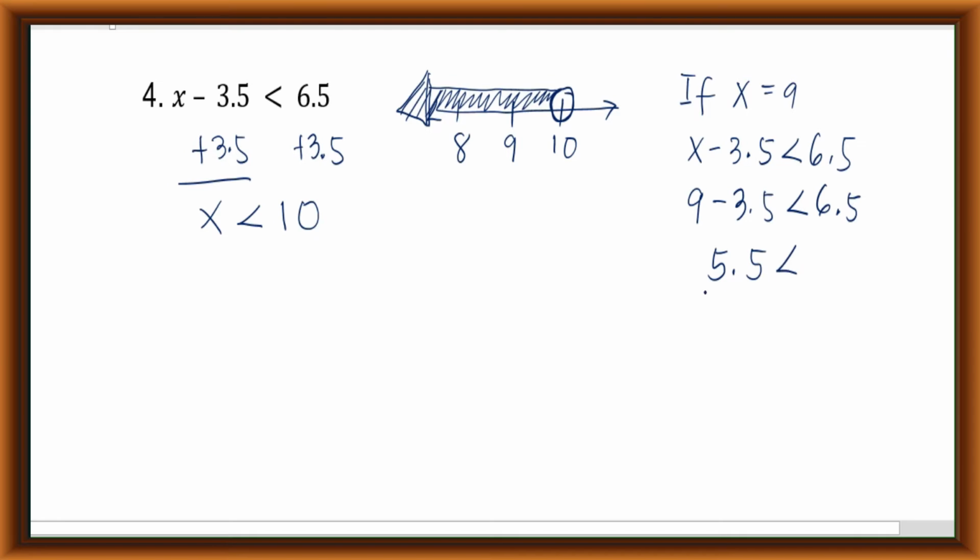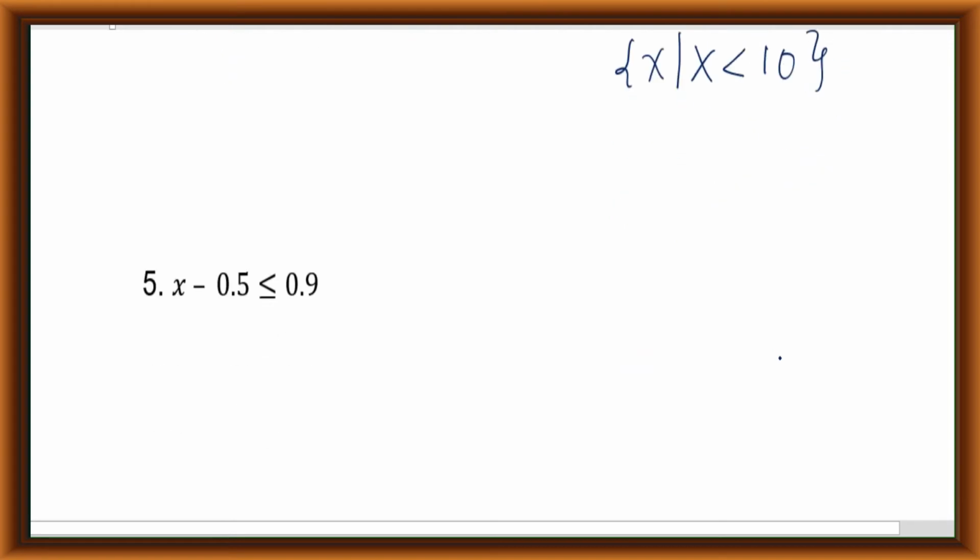Clearly, 5.5 is less than 6.5. So this is our solution. In interval notation, we have x such that x is less than 10. Okay, let's move on to problem number 5.